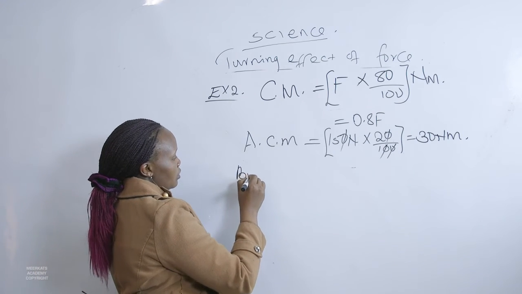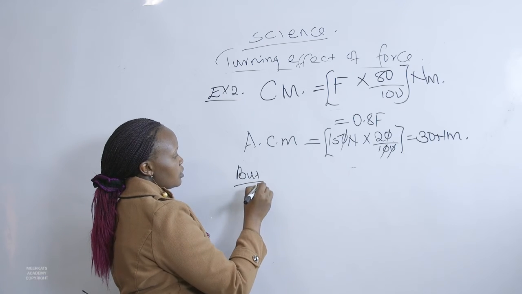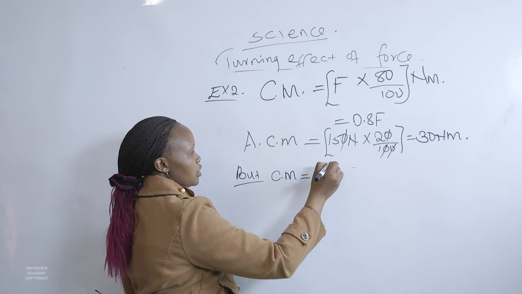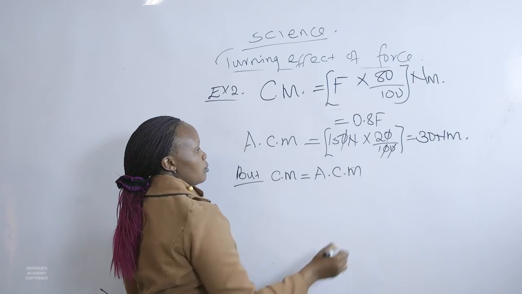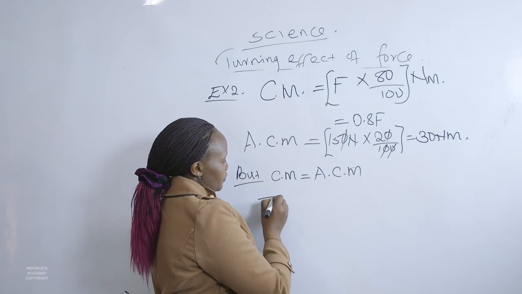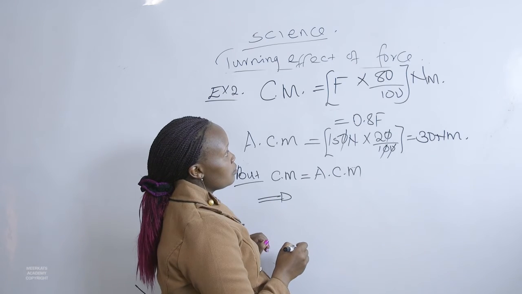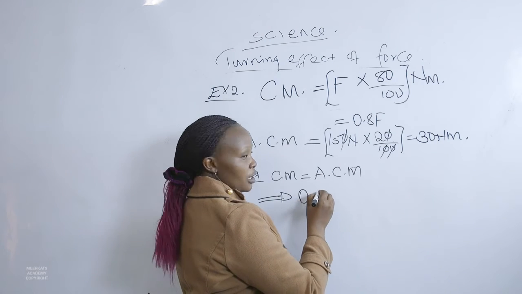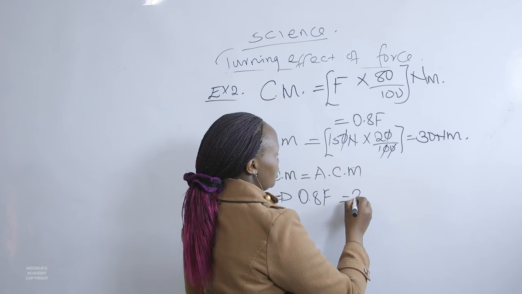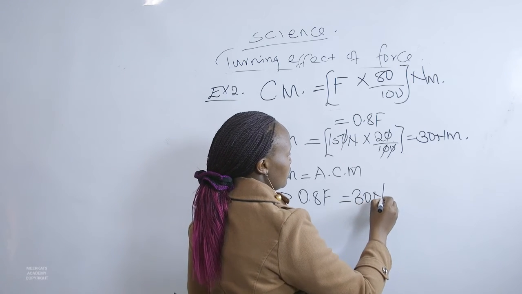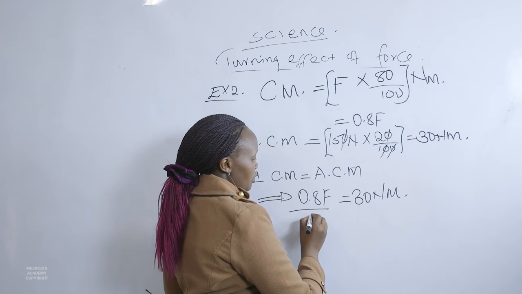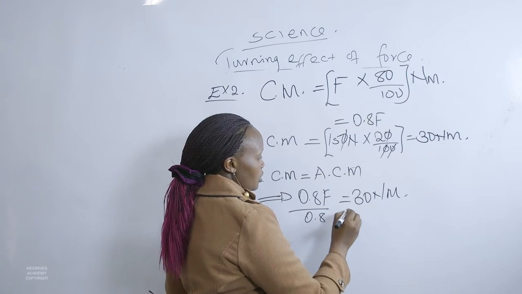But for the system to balance, clockwise moment should be equal to anti-clockwise moment, implying that 0.8 F is equal to 30 Newton meters. Then we can divide throughout by 0.8.